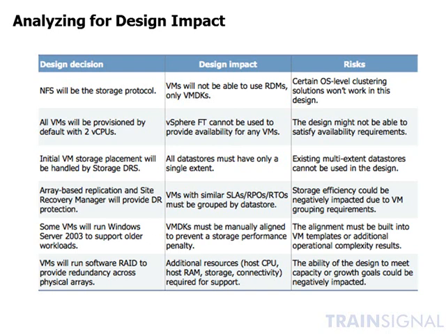And if an application needs more than that, then we will be required to move into something like a software RAID or guest OS based logical volume manager in order to address that need. One risk that this introduces, depending on what OS we're talking about here, is that certain OS level clustering configurations won't work because they do require RDMs. And if we standardize on NFS, then we've precluded ourselves from using these OS level clustering solutions.